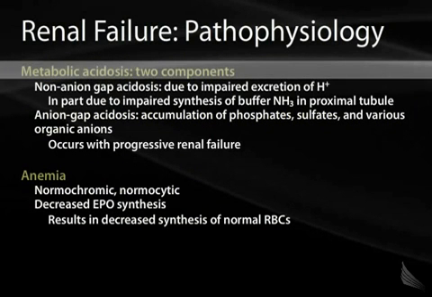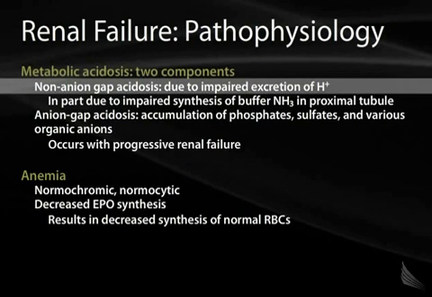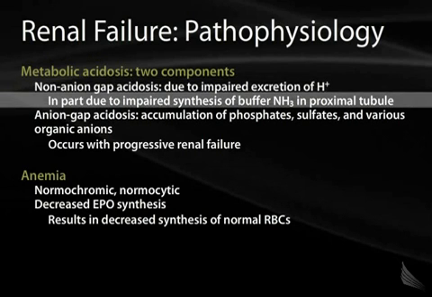The metabolic acidosis that occurs in renal failure has two components. There is first a non-anion gap acidosis due to impaired excretion of hydrogen. This is very similar to a renal tubular acidosis and often manifests as the type 4 renal tubular acidosis. Perhaps the primary mechanism for this is the impaired synthesis of ammonia in the proximal tubule.